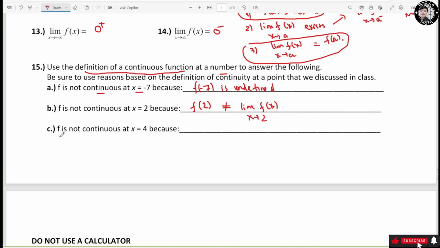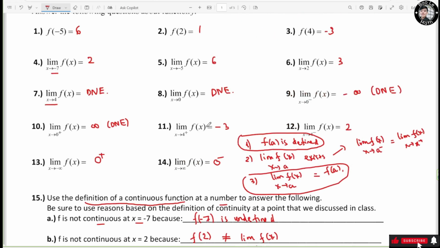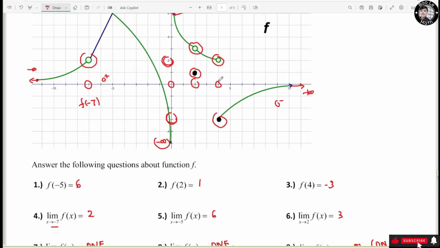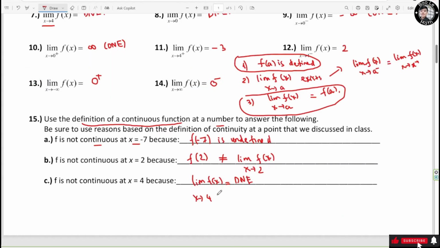Question C, the function f is not continuous at s equals 4. 4 is right here. Again, the limit of the function f of s when s approaches 4 does not exist. So these guys violate number 2 right here, right?